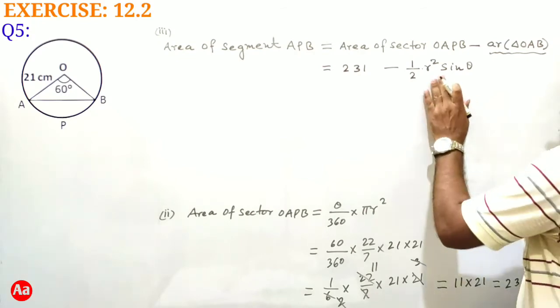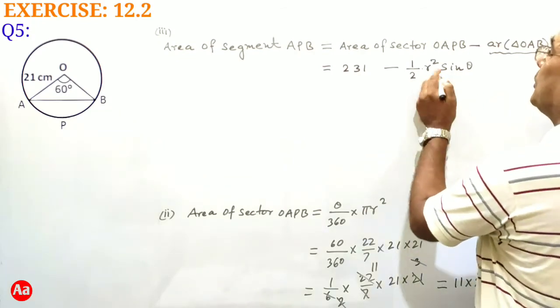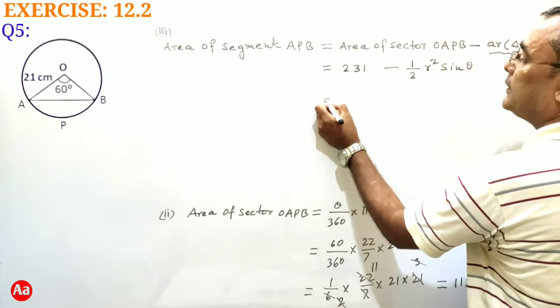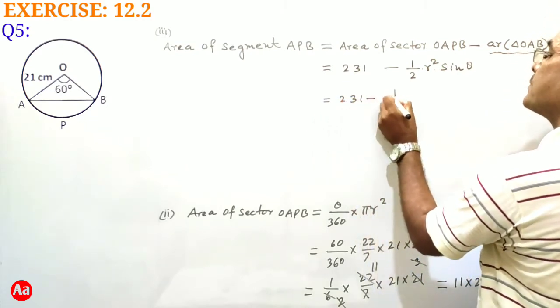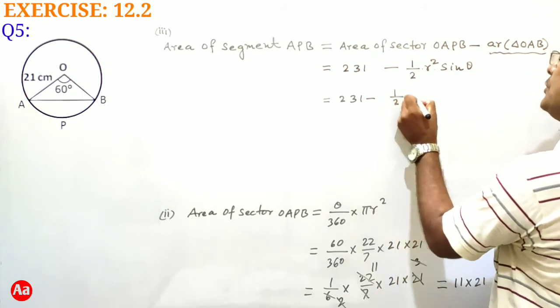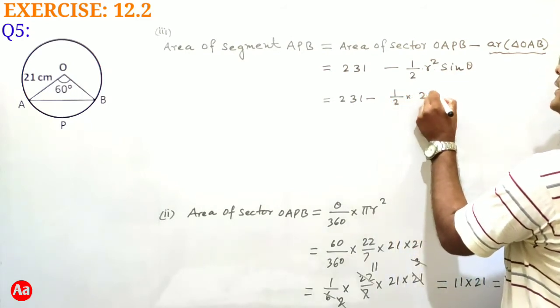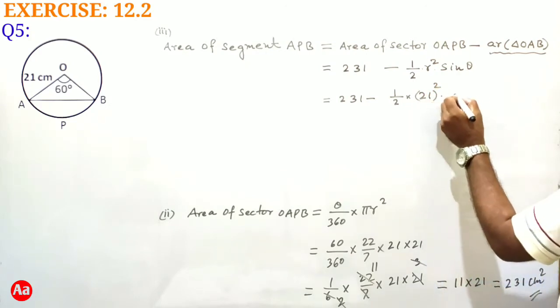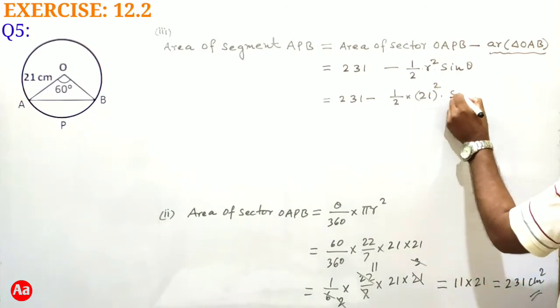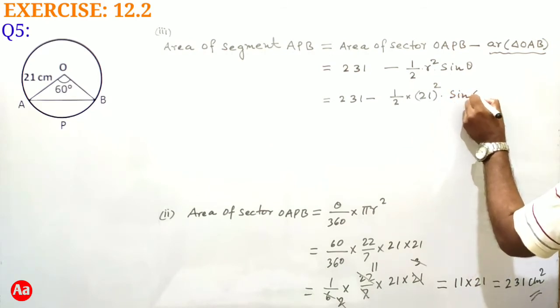So this half r square sin theta we can use as a formula also. So this is equal to 231 minus half into r square, that is 21 square into sine 60 degrees.